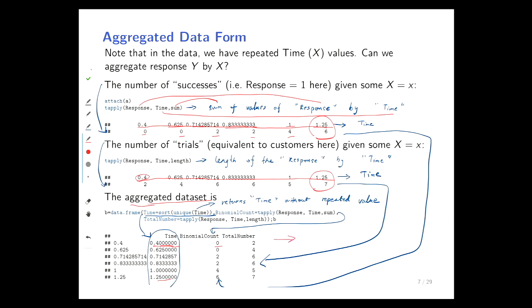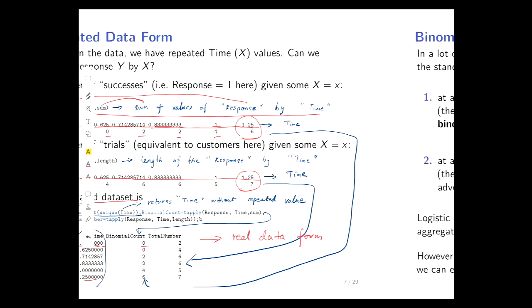So usually in real data, even if it's actually not that new, we have some kind of new data form.